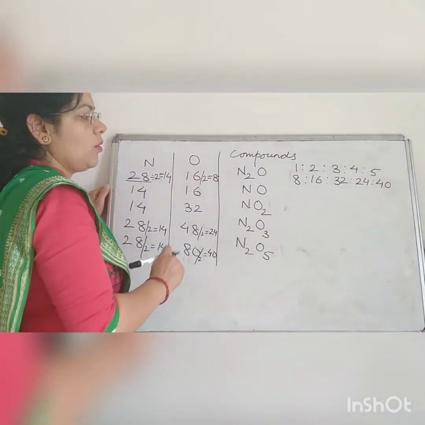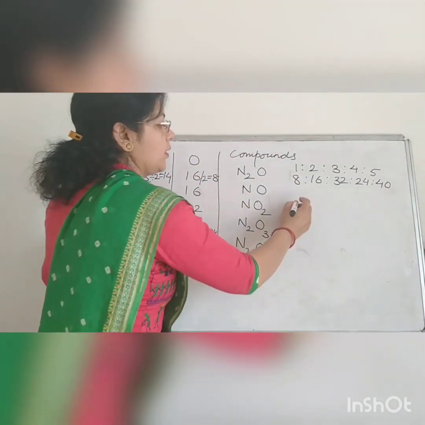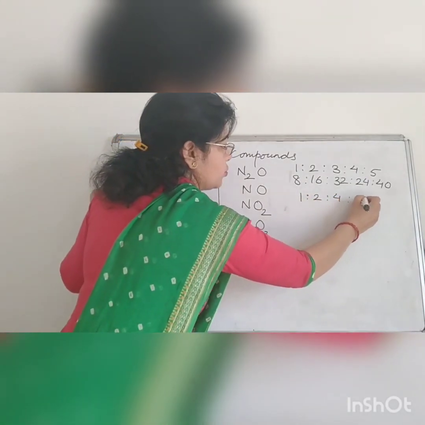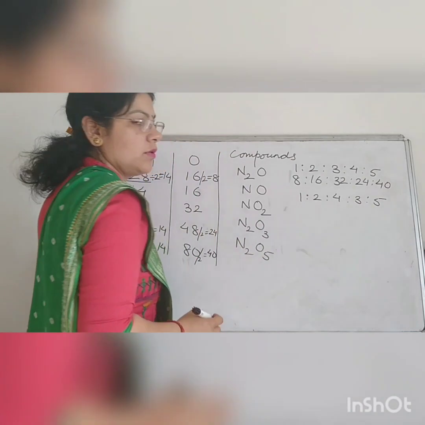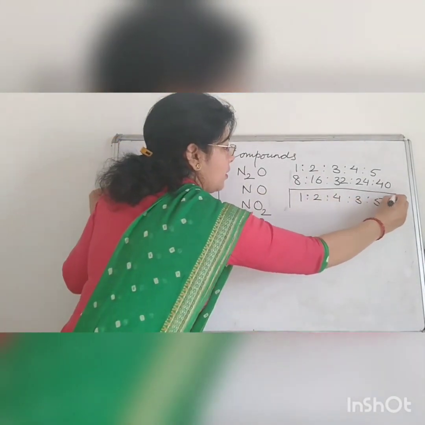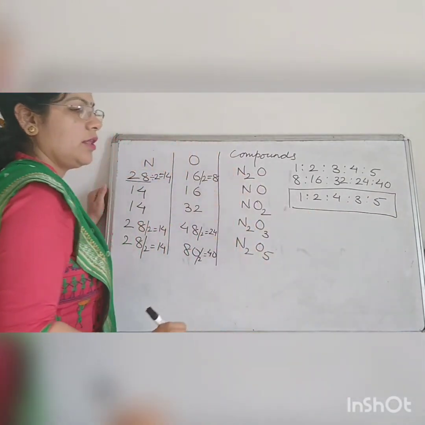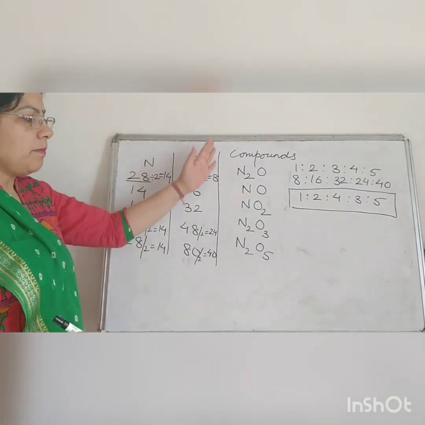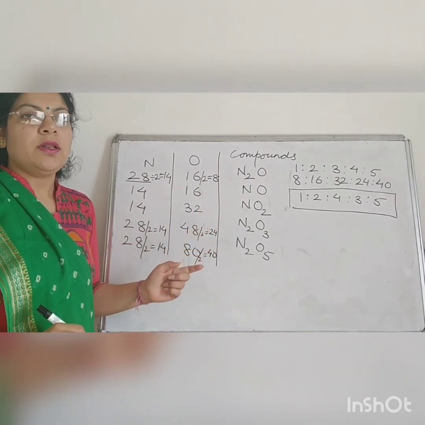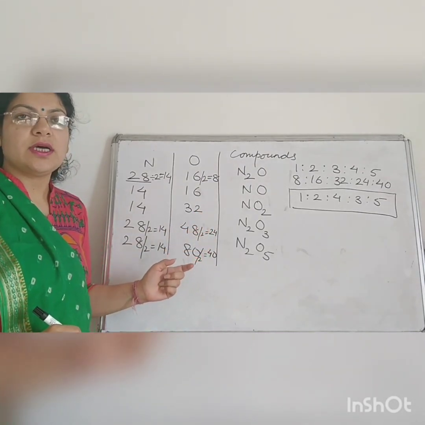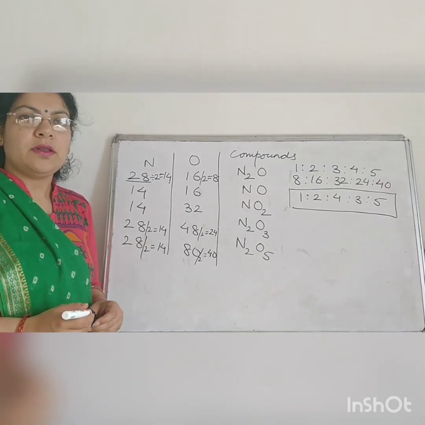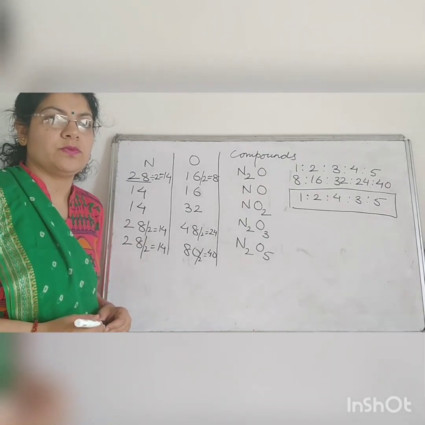Now divide all the masses by 8, we get 1 is to 2 is to 4 is to 3 is to 5. This is the simple whole number ratio. Therefore, these compounds obey the law of multiple proportion. These are the examples of the law of multiple proportion. Thank you.